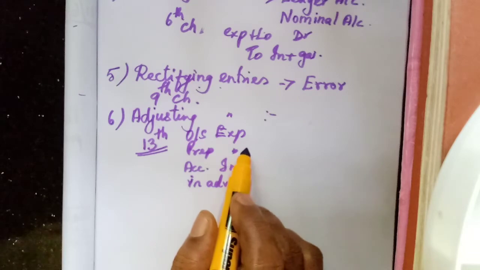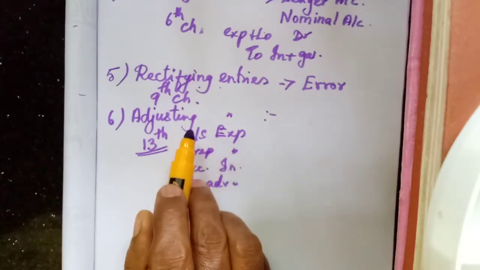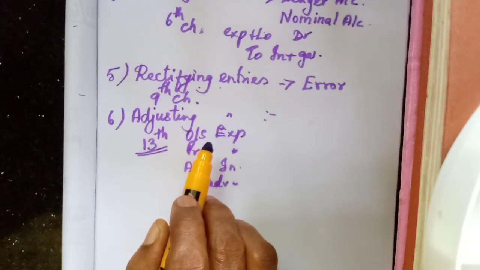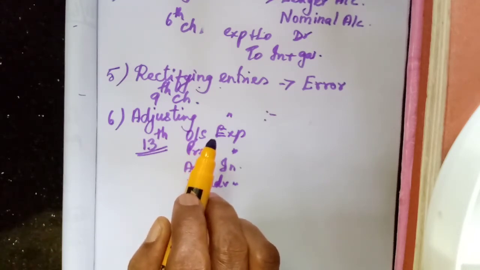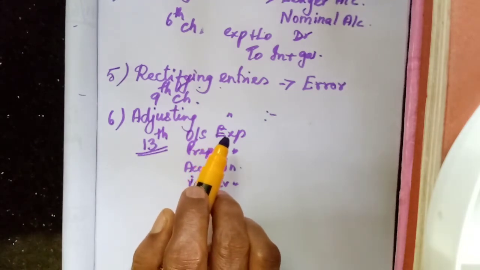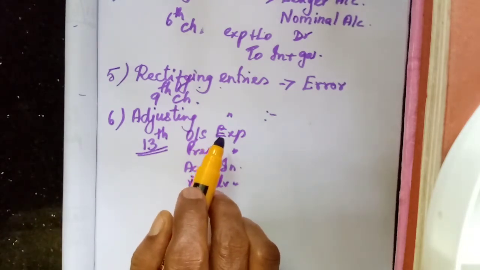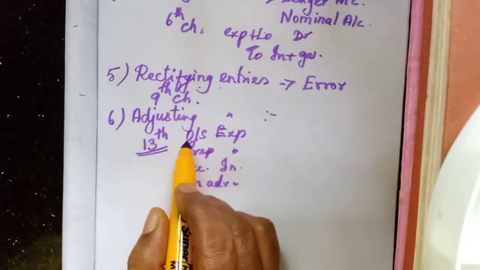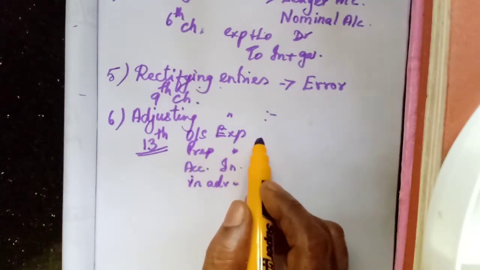Then we have outstanding expenses. We should add them along with the expense, because we should show all the expenses. We can say the matching concept also: all the expenses must be matched with all income related to that accounting year. So we have to add that one. Simply we cannot add.